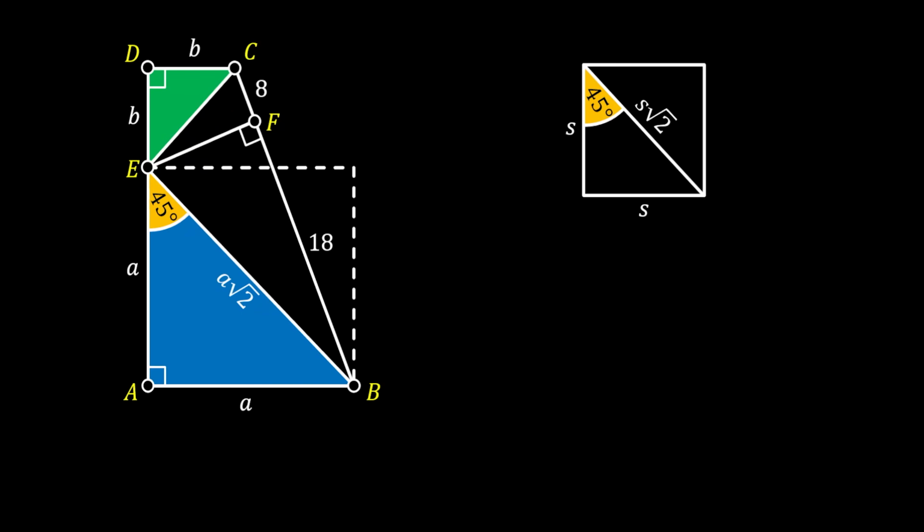Again, as before, we know that it represents half of the square, so this means that EC is the diagonal and it must have the length of B square root of 2. Also, the angle at the point E of this triangle must be 45 degrees as well.